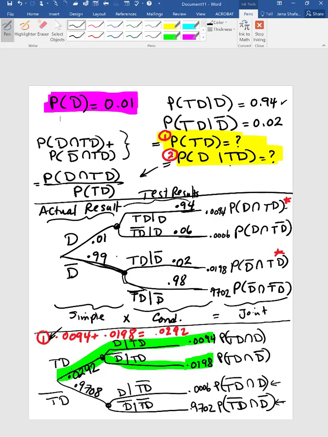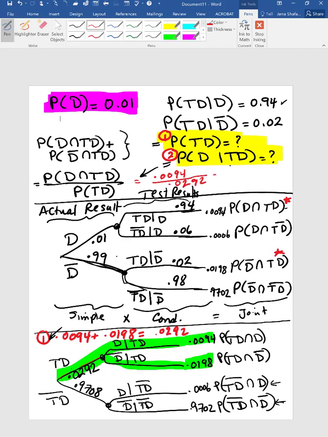All right, now the last set is computing question 2, which is this one right here. This is the probability of D and TD, which is 0.0094, divided by the probability of TD, which we computed to be 0.0292.